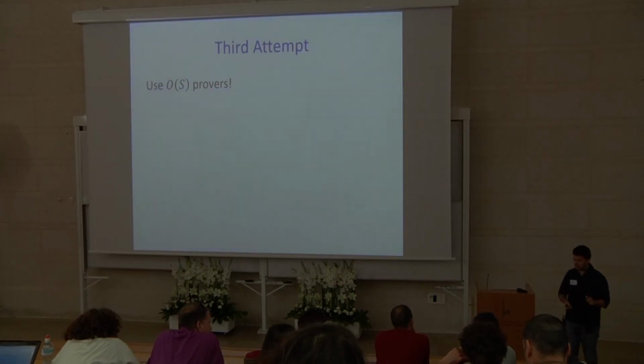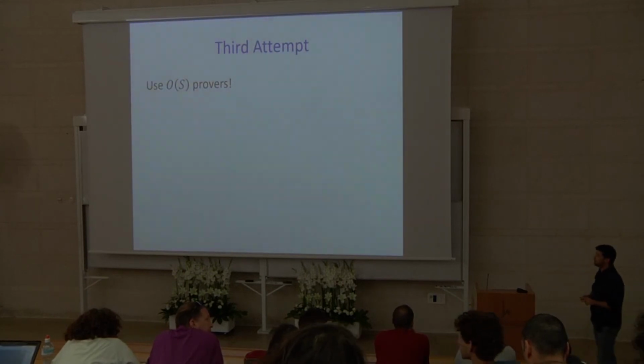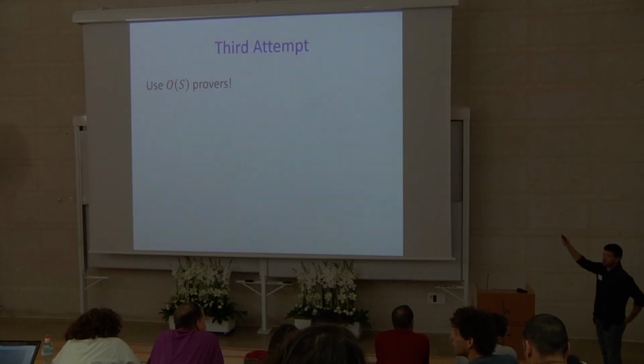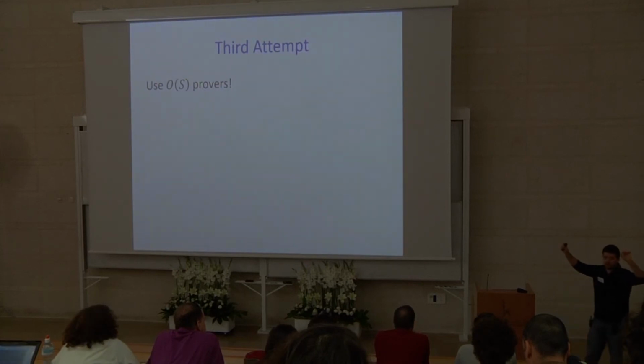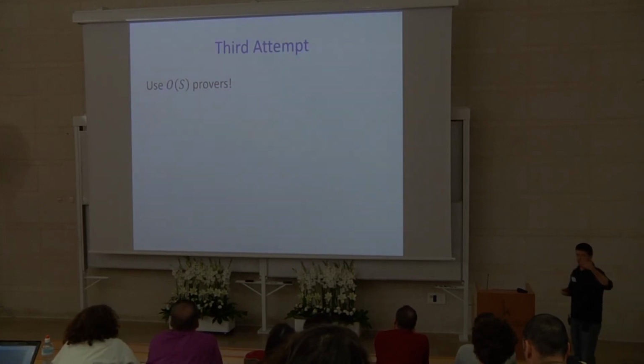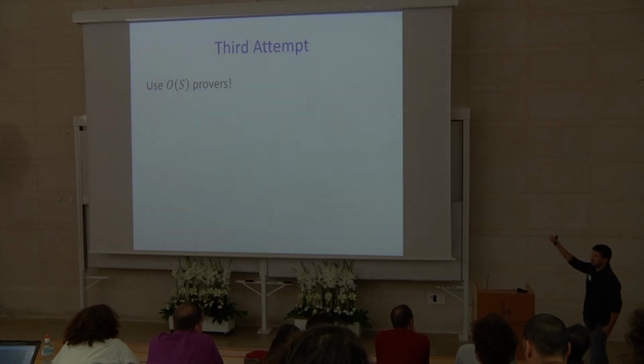But not a lot of provers at all. In this third attempt, I want to use order S provers, where S is the width of the table. So many more provers, but recall that we assumed that S is linear, so not that many.